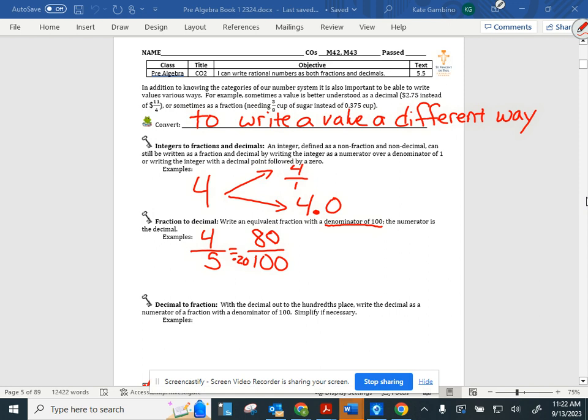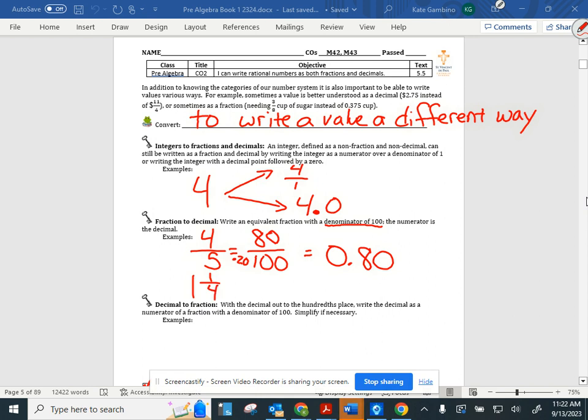Do I know how to write 80 hundredths as a decimal? 0.80. Yep. That's 80 hundredths, because I go out to my hundredths place. What if I have 1 and 1/4?